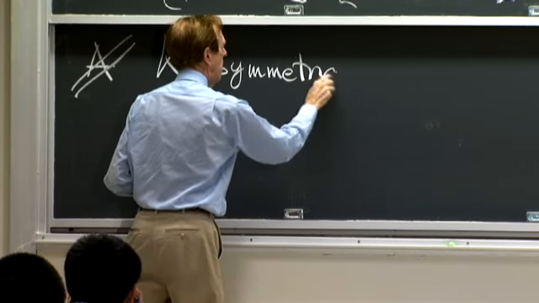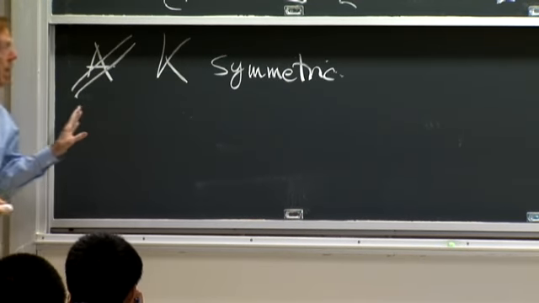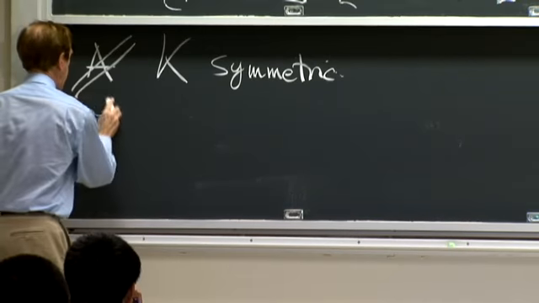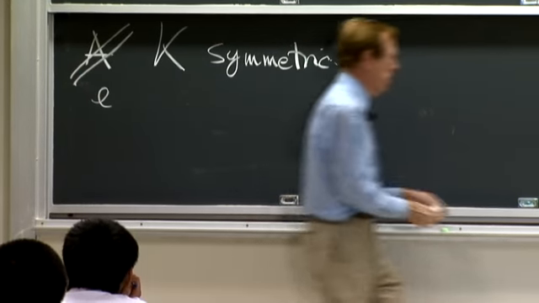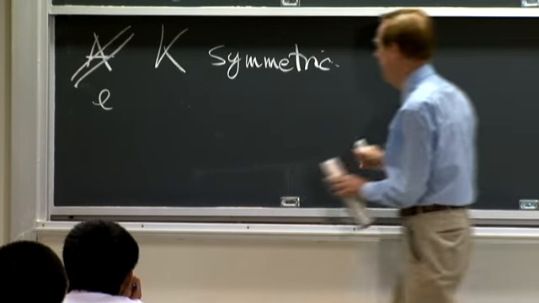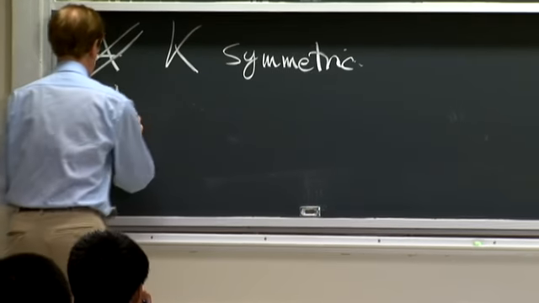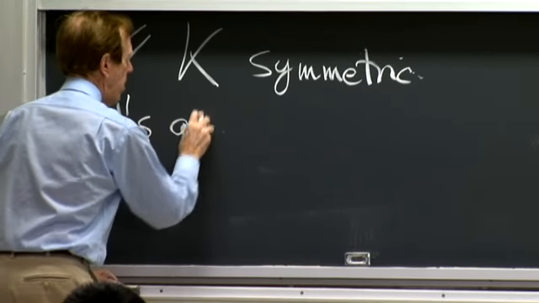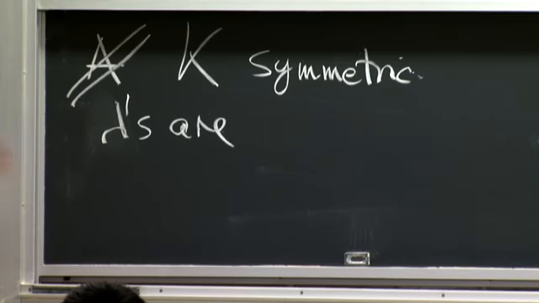Okay. So now what's the deal with symmetric matrices? The eigenvalues, the lambdas, I'll just call them the lambdas and the y's. The lambdas are, do you remember from last time, if I have a symmetric matrix, the eigenvalues are all, anybody remember? They're all real numbers.